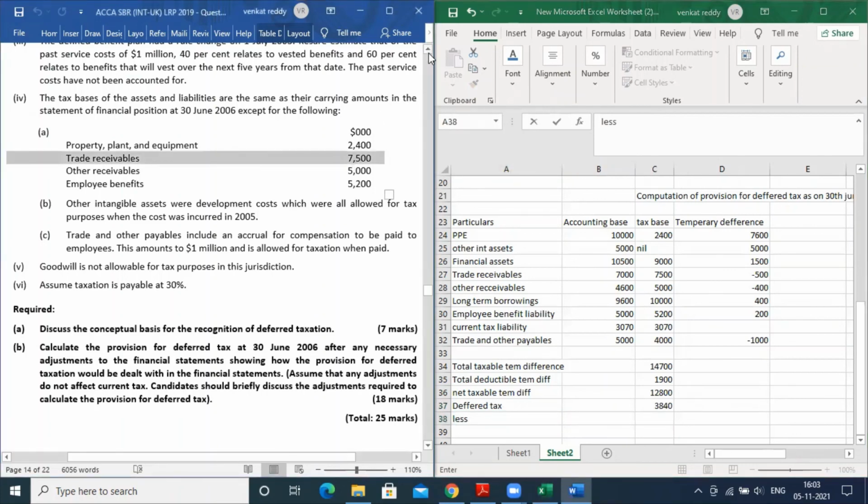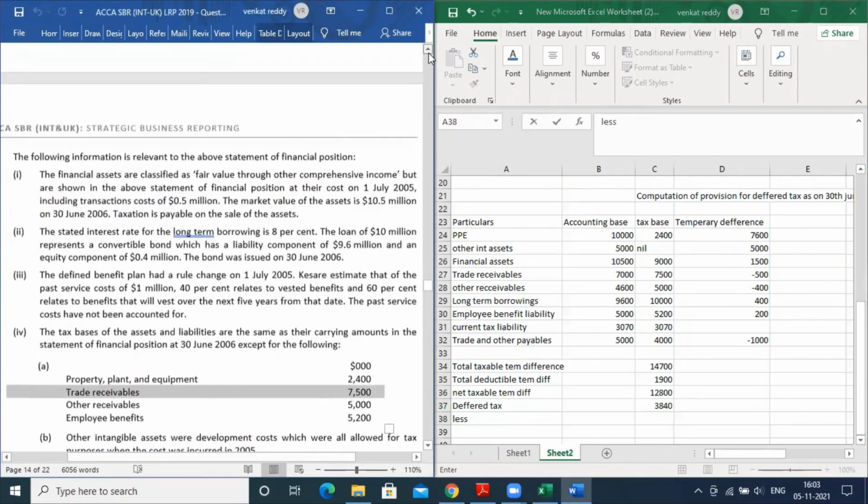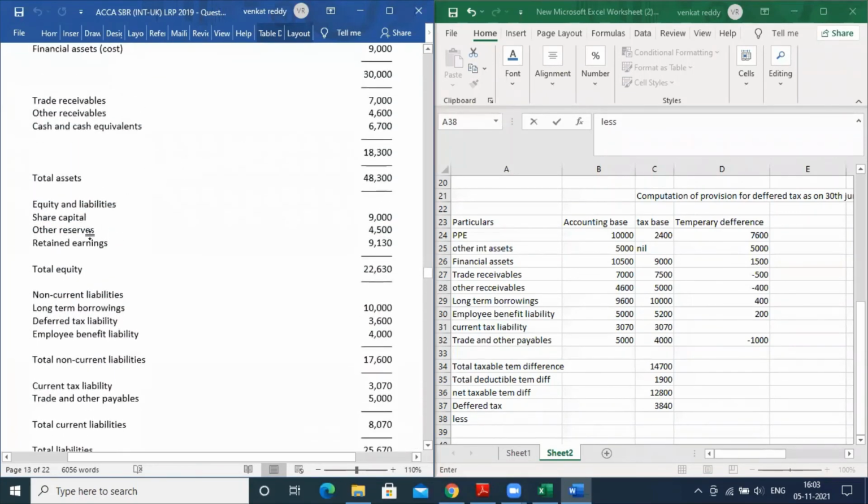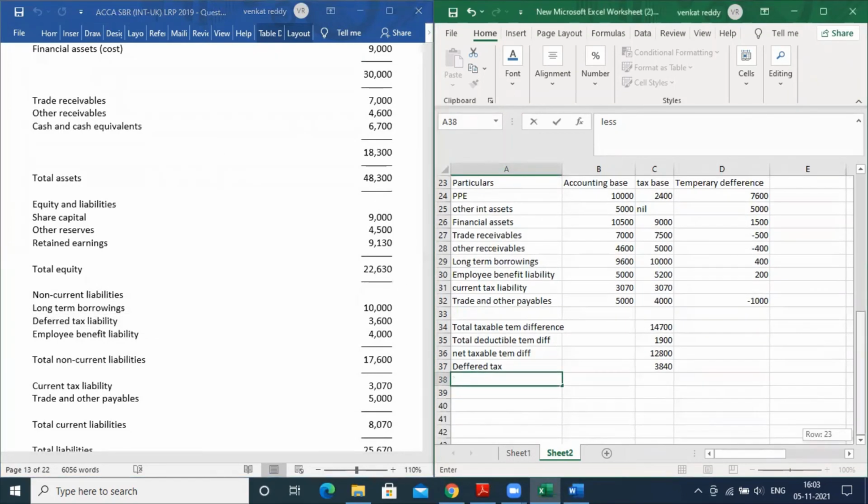In the statement of financial position, they already gave the deferred tax opening value, which is 3,600.